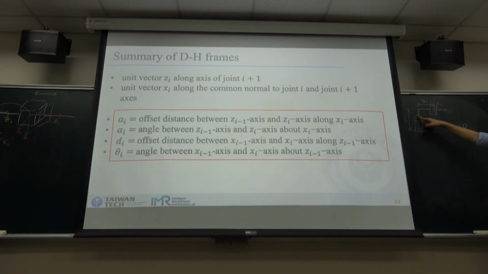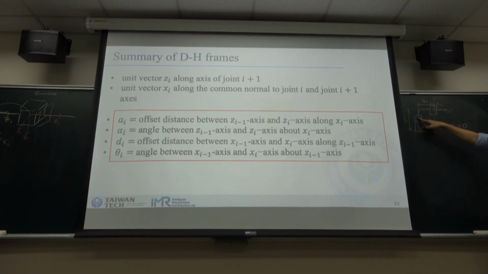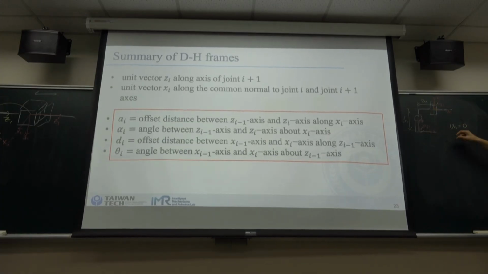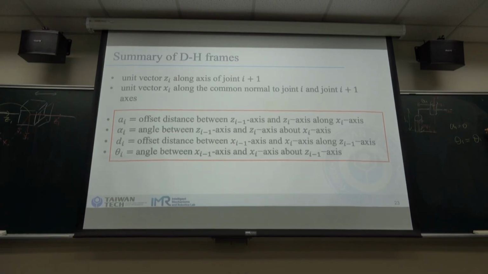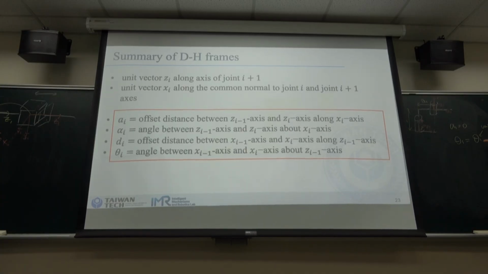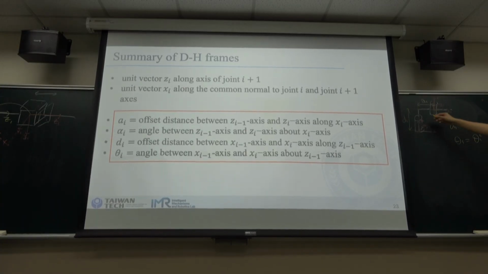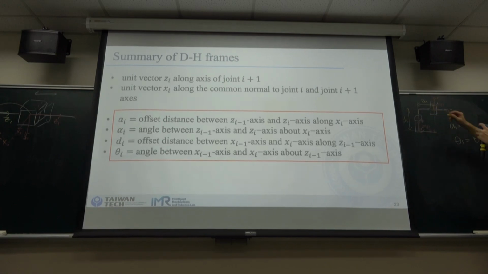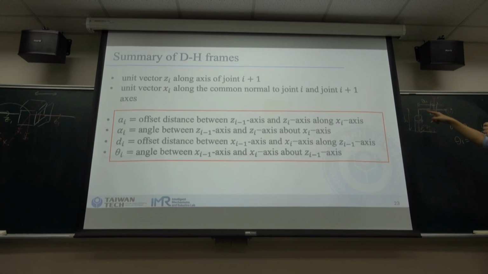So it rotates about this axis, which means the joint. So theta 1 is the variable, because we can imagine that the x1 axis rotates about the z0 axis.